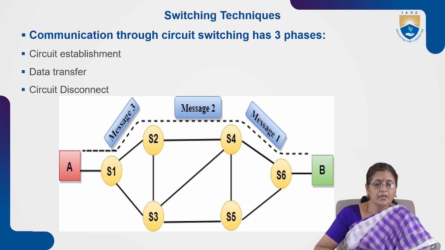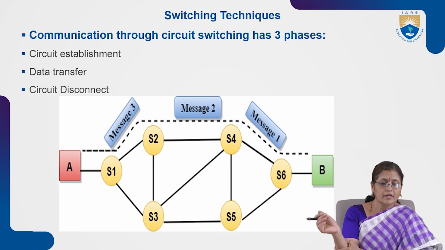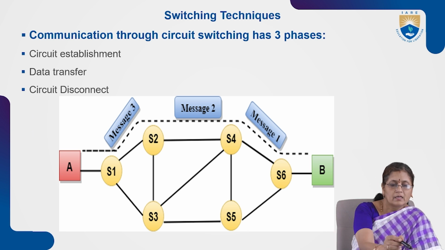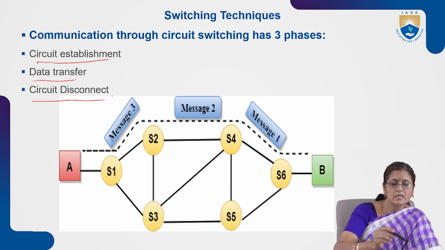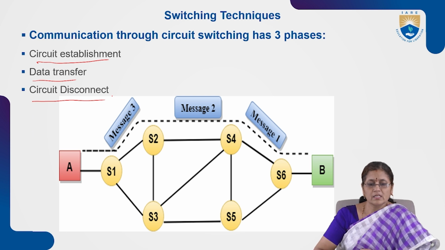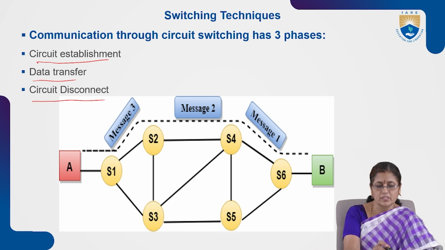The communication through circuit switching has three phases. One is circuit establishment, another is data transfer, and the third is circuit disconnect. These are the three phases. Let us understand these three phases with the help of this diagram.